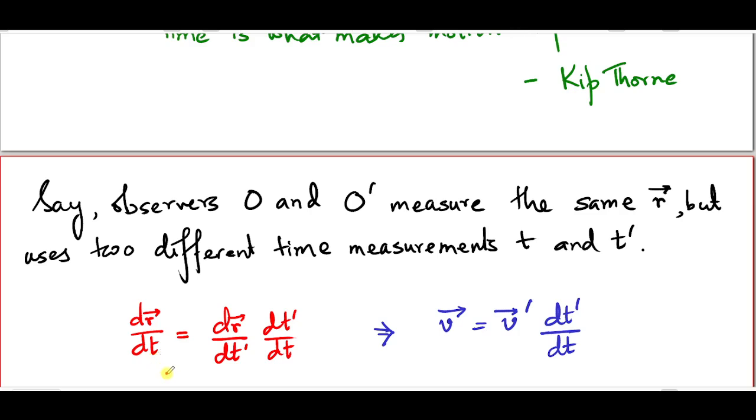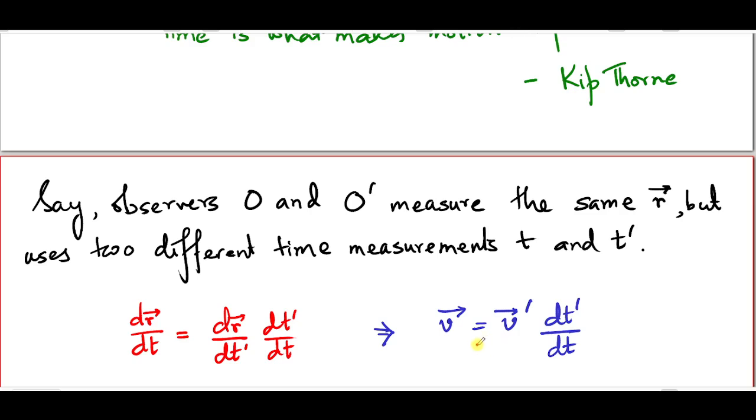But using the chain rule, what we can do is rewrite this derivative as dr/dt prime times dt prime/dt. And note, here r is the position vector of the same particle also with respect to O prime. T prime is the time that O prime uses, so this is the velocity v prime measured by the observer O prime.